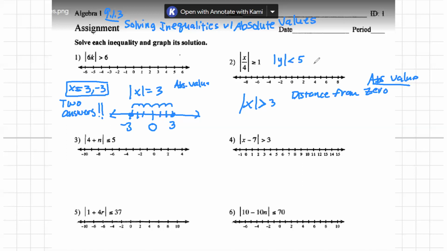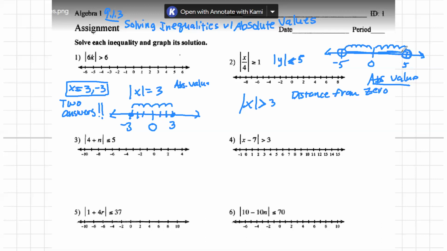Let's graph this one. What numbers have a distance less than 5 from 0? If I go -5 here, and 5 this way, 1, 2, 3, 4, 5, which numbers have a distance less than 5? Here's 0, so that would be all the numbers in between -5 and 5.